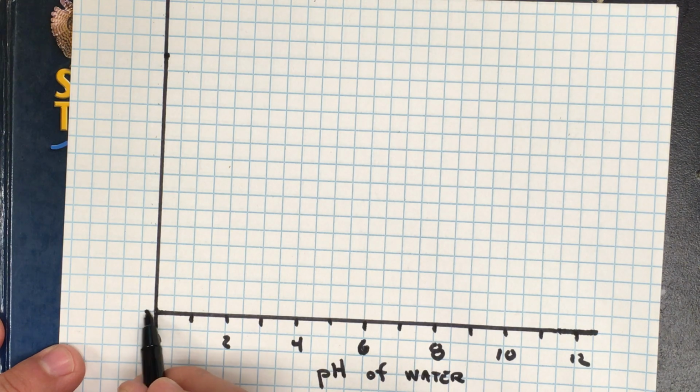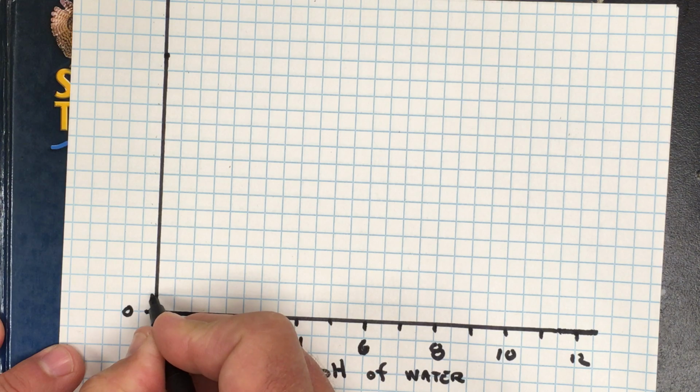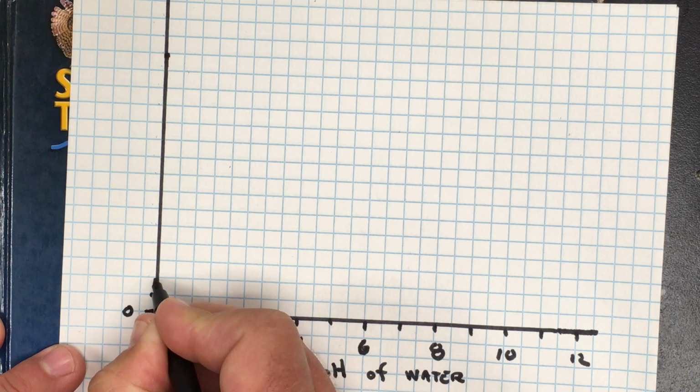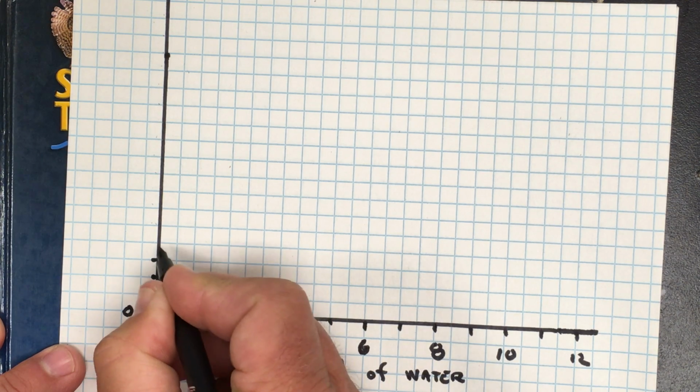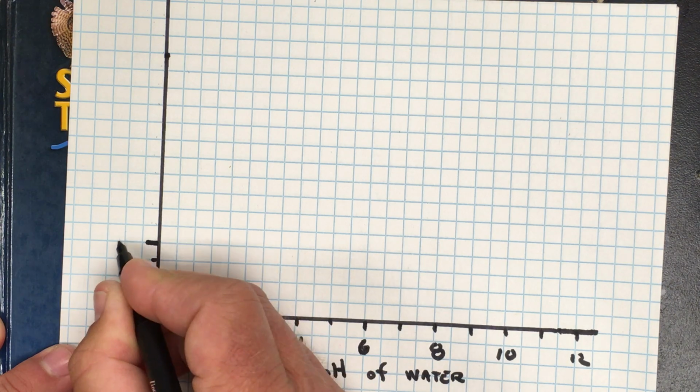So remember what we did. Each block is worth 5. So something like this. 5, 10, 15, 20.